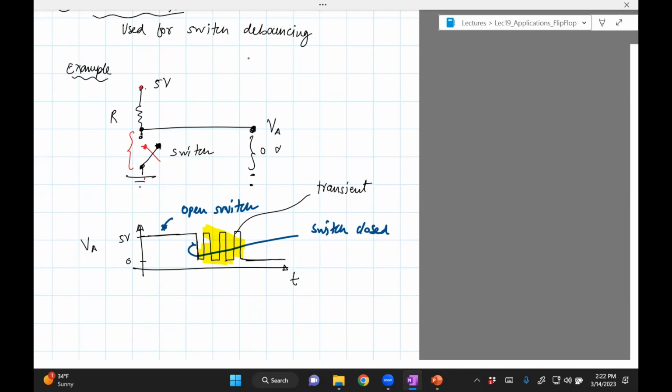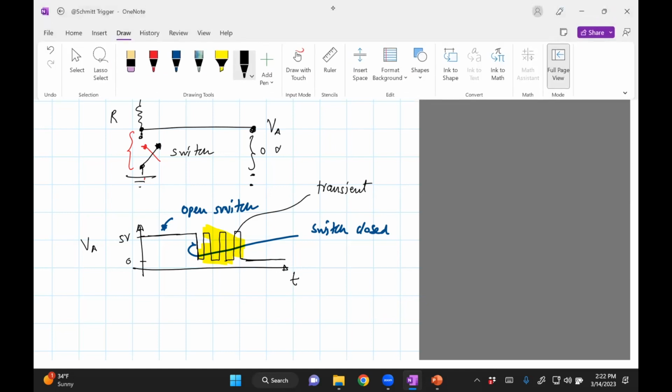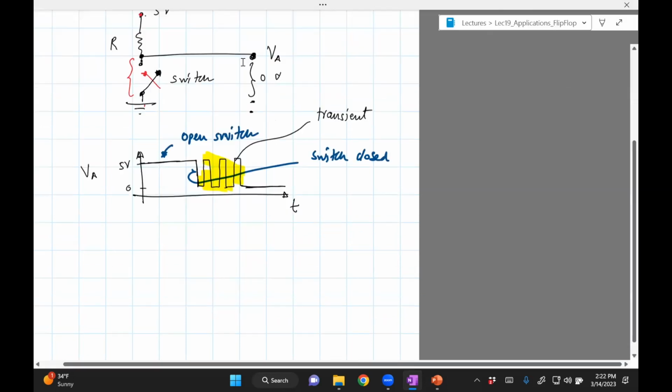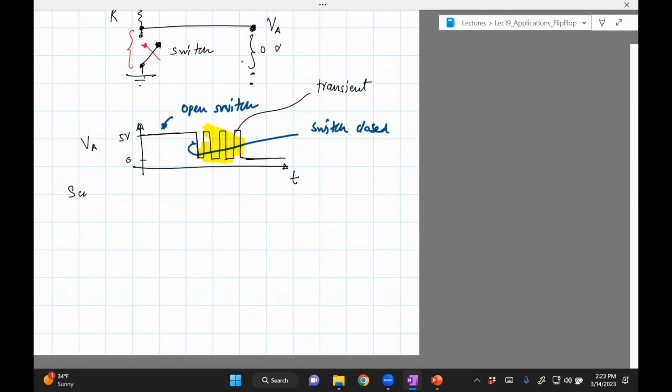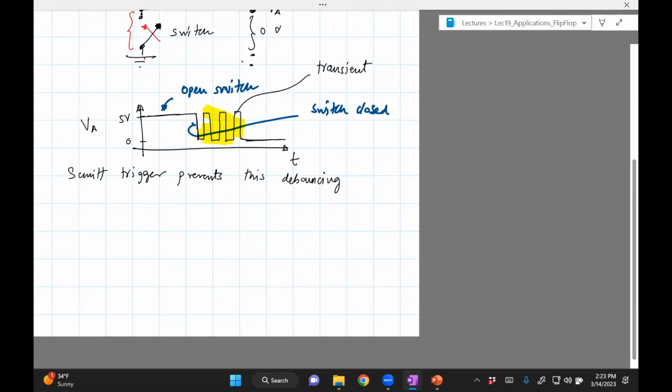And so what is done is a Schmitt trigger is used. A Schmitt trigger is a circuit which uses hysteresis to avoid this problem. So a Schmitt trigger prevents this bouncing. Okay, a circuit diagram for a Schmitt trigger is like this.